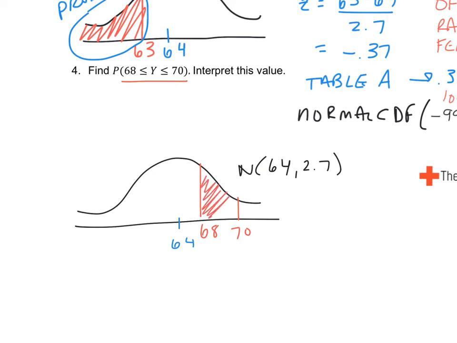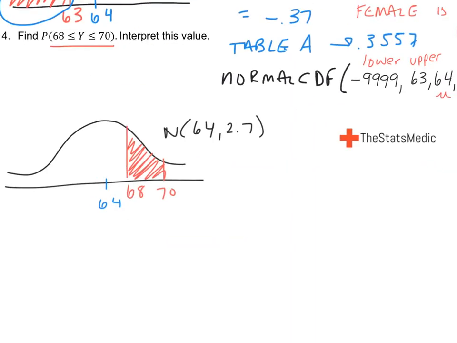And as a reminder, probability is equal to area. You could use your z-scores, but I'm going to go ahead and use our calculator normal CDF functionality here. Normal CDF.